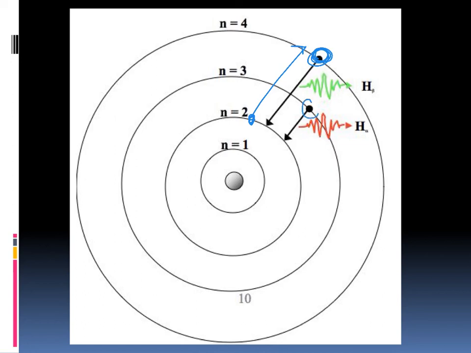Whereas the second electron absorbed some energy, jumped up to its present excited state, and then as it falls back down, it's only going to fall back down one energy level. It's going to release a lower amount of energy, and that's going to correspond to red light. So the further you fall, the more energy you give off, and the higher energy light corresponds to that amount of energy. That's saying energy quite a lot.